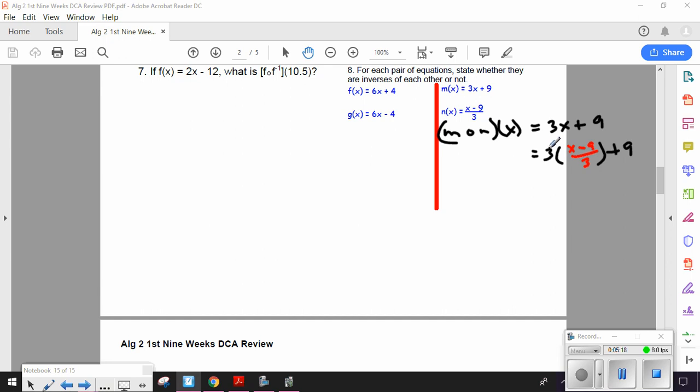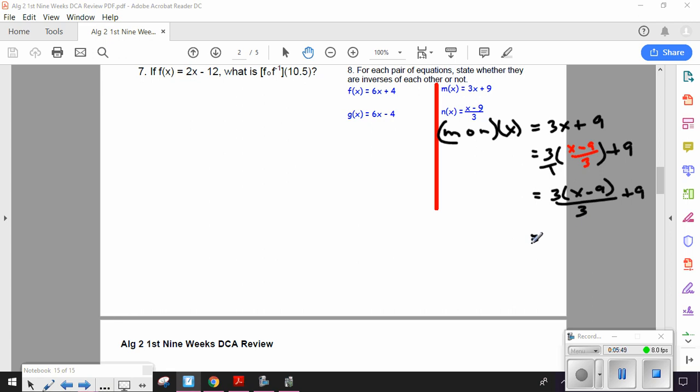Now we distribute the 3 into the parentheses. It's technically 3 over 1 because you're multiplying it with a rational function, aka fraction. So when I multiply, it ends up being 3 times x minus 9 over 3. And then still the plus 9 is coming.